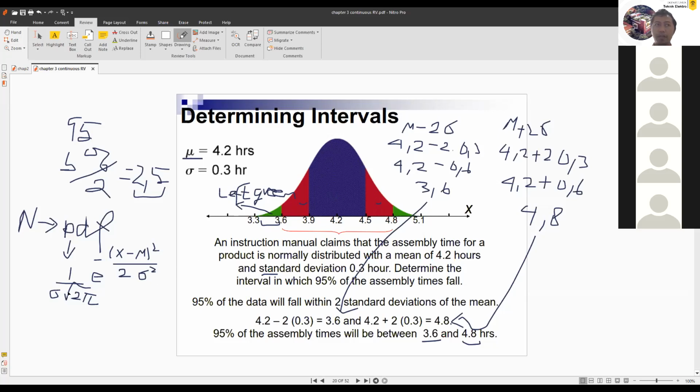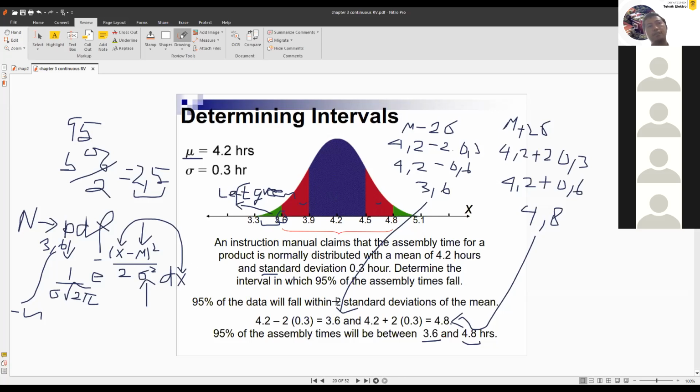This function depends on the value of the variance and the value of the mean. So computing the left green area is equal to the integration from minus infinity to the limit, which is 3.6, of the PDF dx. Why dx? Because this is in x.